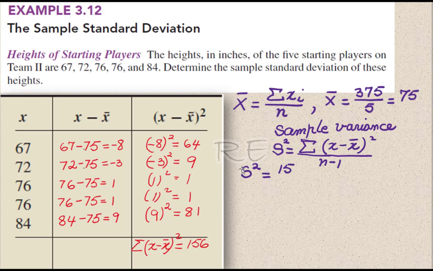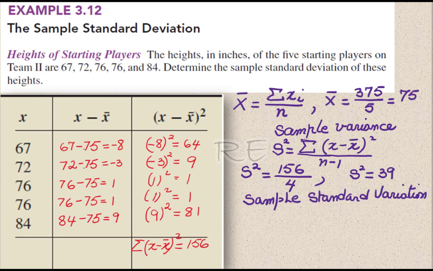And that sum is 156 divided by 5 minus 1, which is 4. So the sample variance is equal to 39. Now the sample standard deviation will be equal to the square root of the sample variance. And square root of 39 is approximately 6.24.